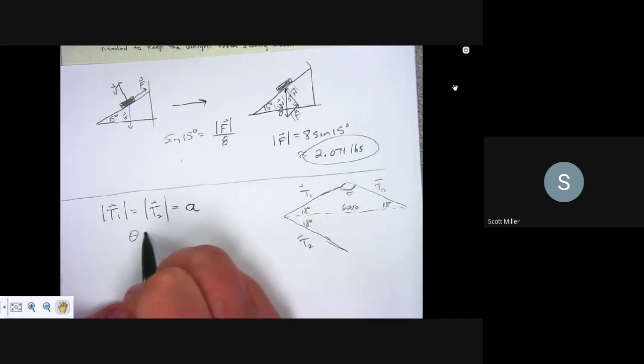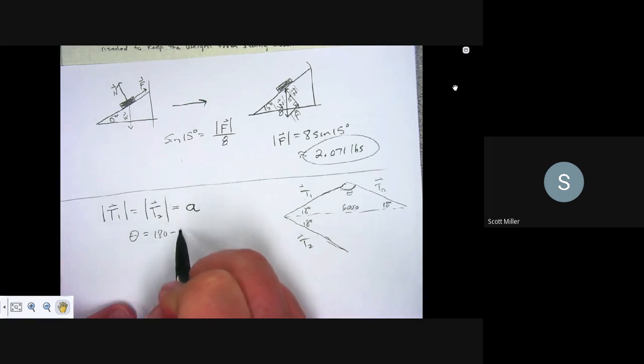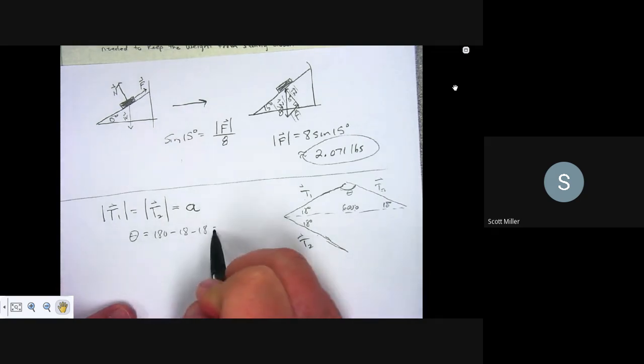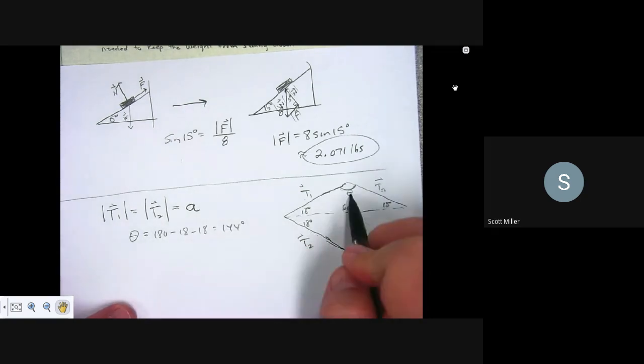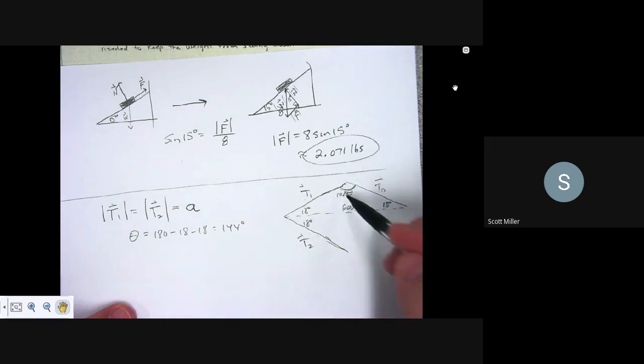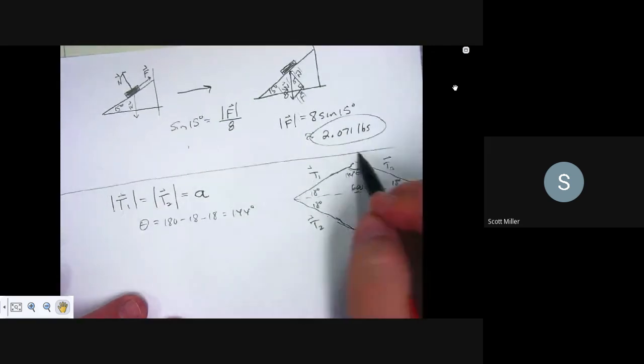the triangle sum, which is 180 minus 18 minus 18, and I get 144 degrees. I know this angle is 144. And then I can do law of sines because I have a complete ratio.